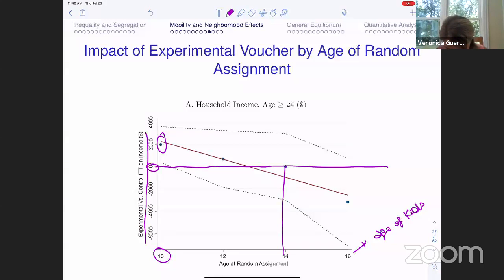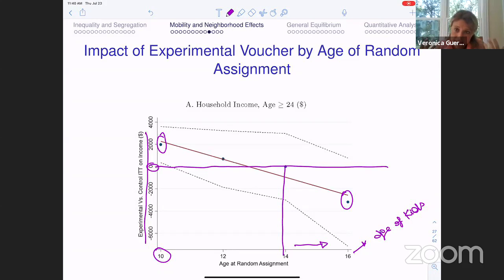And actually, if you go older, you may even have a negative effect. So this evidence is suggestive that there is a sizable effect, but this effect is stronger when the kids move younger than when they move older.